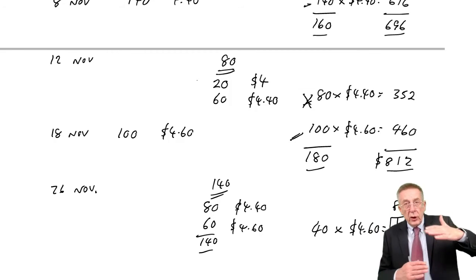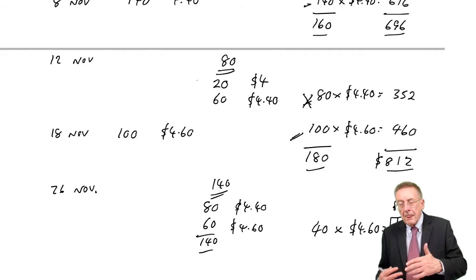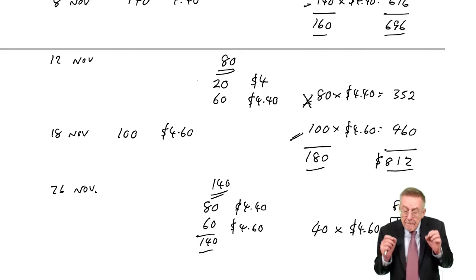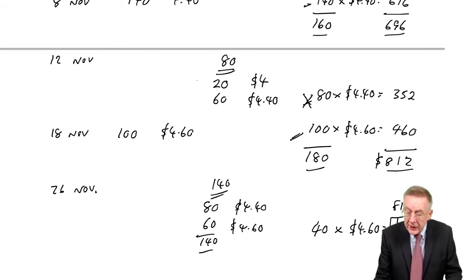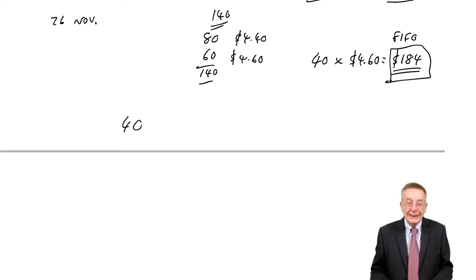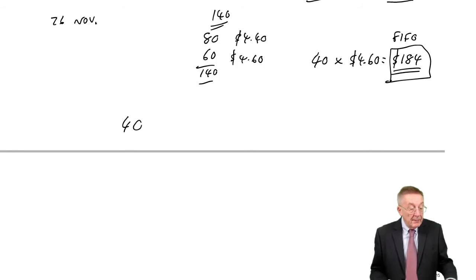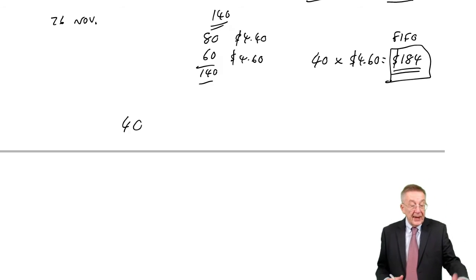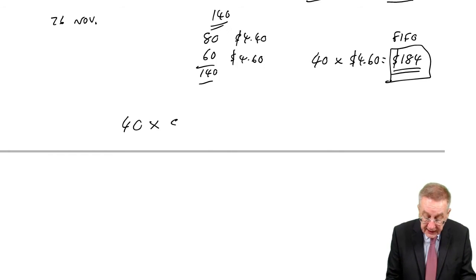Because, think about it, if you're always issuing the oldest ones first, any that are left at the end must be the newest ones. And so we knew from the very beginning that there were 40 units left. They must be the most recent purchases. And the most recent receipt, the last one before the end of the year, we bought 100, they were $4.60.